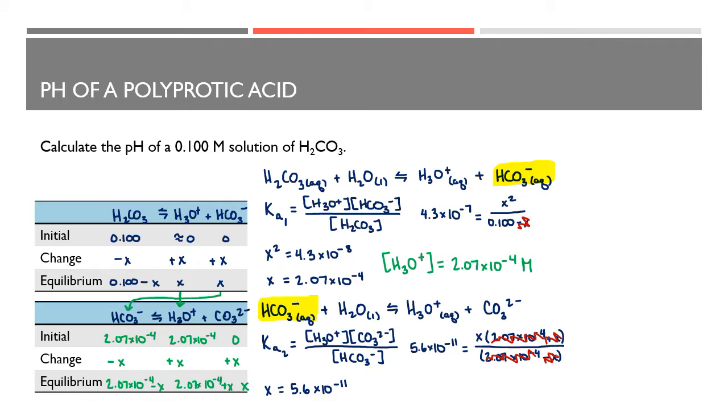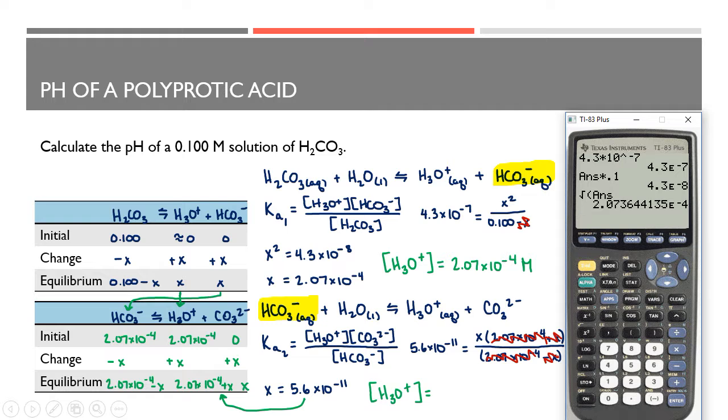Now, ultimately, what I want is that hydronium concentration. So I will substitute that X value in for this hydronium concentration. You're going to see something really interesting happens here. So I want to take 2.07 times 10 to the negative fourth, and I'm going to add my X value there.